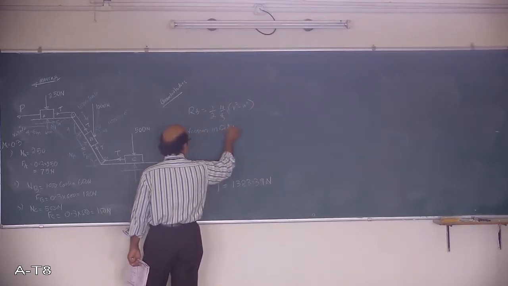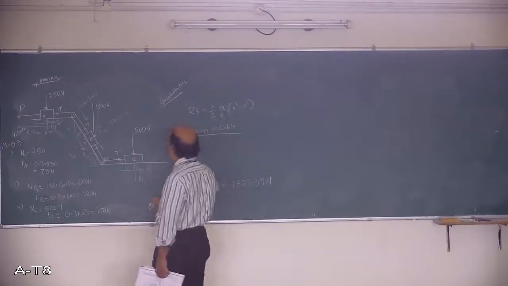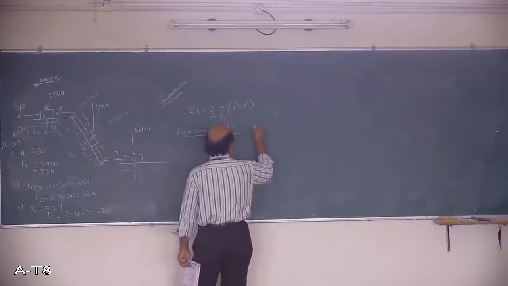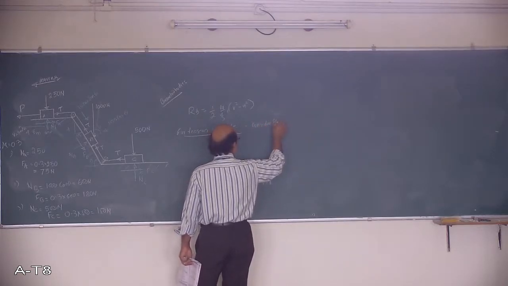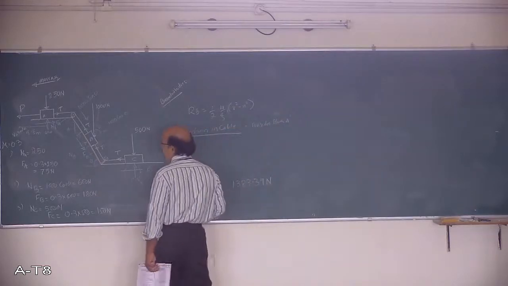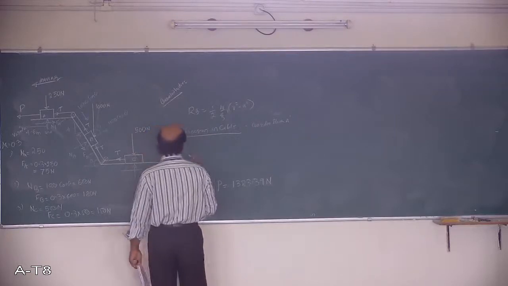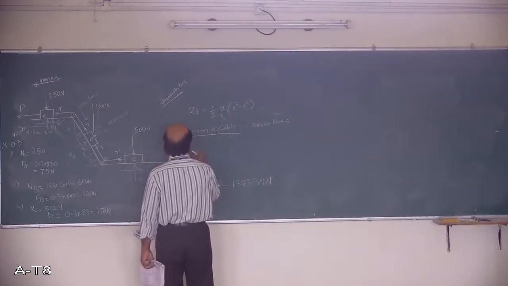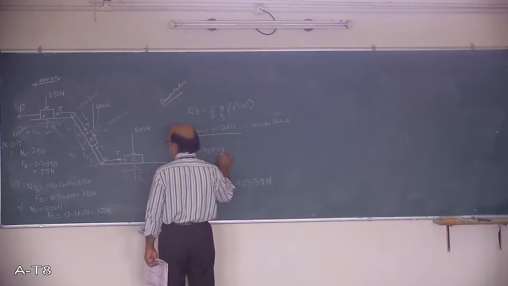consider block A. Any one block you consider, block A, and write the equation, substituting the parameters. Now, what is there? P is acting in this direction. I will take P as plus, minus 1383.39. Left side it is there.